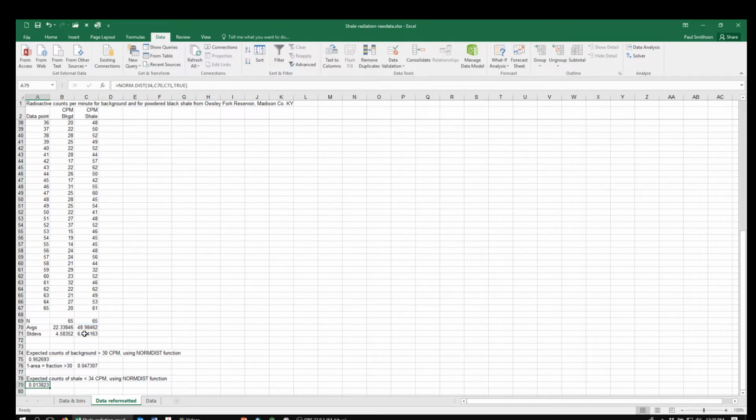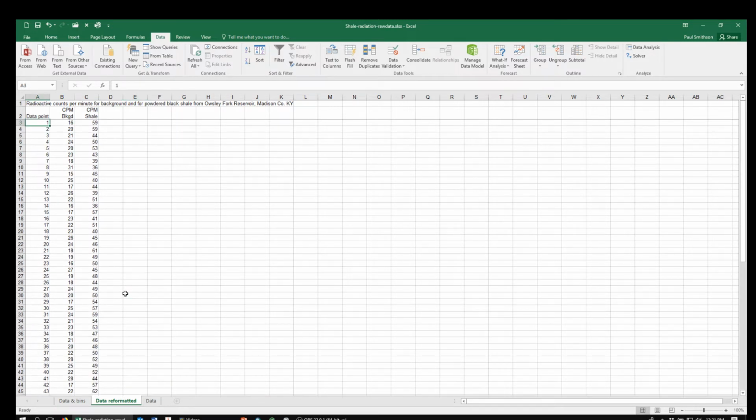And now this is the area from negative infinity to 34, so that is our result here. Just over 1% would be expected to overlap with the background.